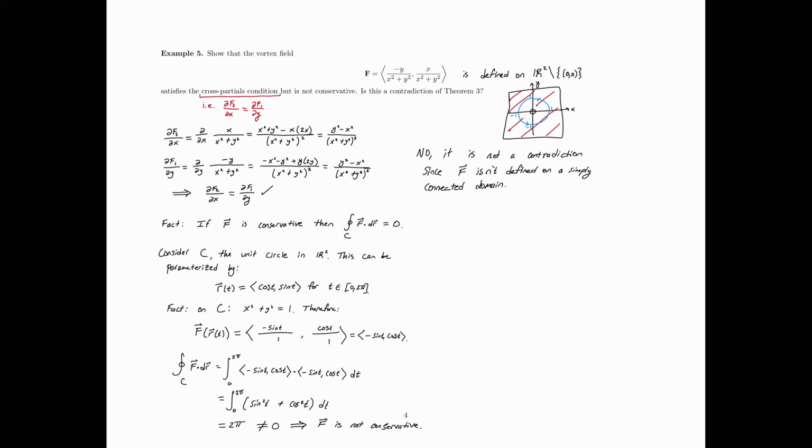What's interesting is if we were to go ahead and consider this vector field as living somewhere else, so maybe we were thinking about the vector field living over here, so far away from the origin. If we were to then look at a line integral about a circle here, we actually would get 0, which is interesting.